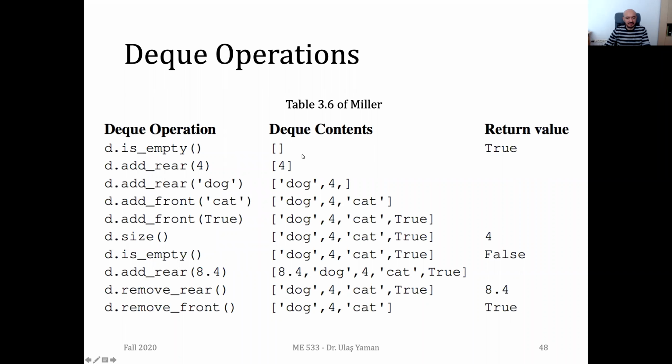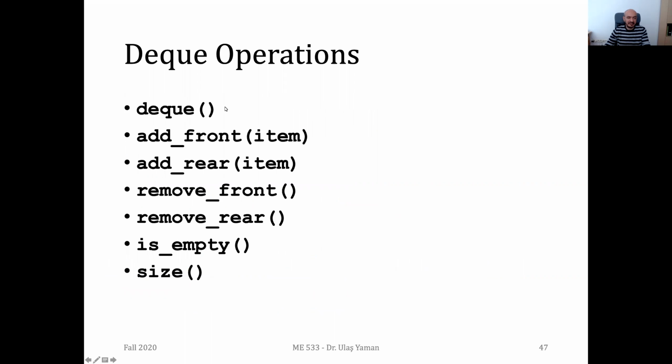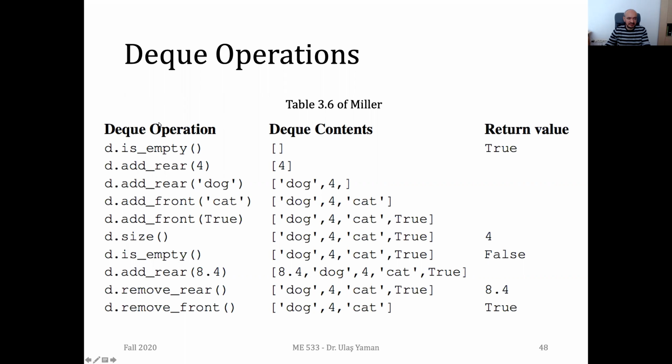And we have the same example once again, but obviously we have different operations. We first create a deque data structure, and at the beginning, since we didn't add any value, it's empty, and once we run its empty function, it will return a true value.